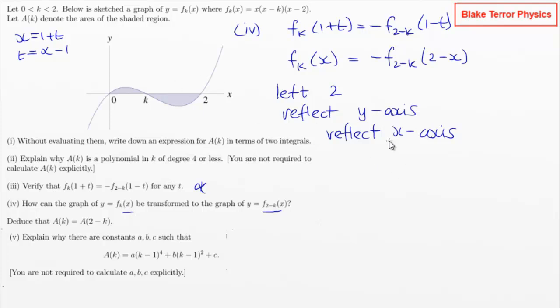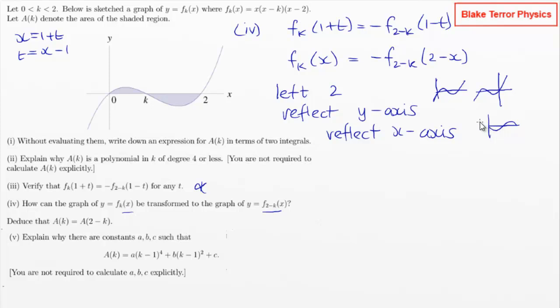So what's actually happening with this? We've started off with this thing here. So we've gone like that. So that's our starting point. We move it left 2, which means we've got exactly the same thing, but now the y-axis is going through there. Then we reflect it in the y-axis. Okay, that now takes us to this.